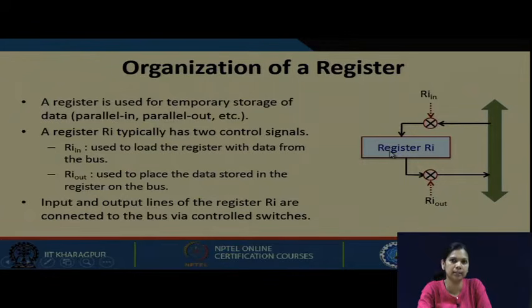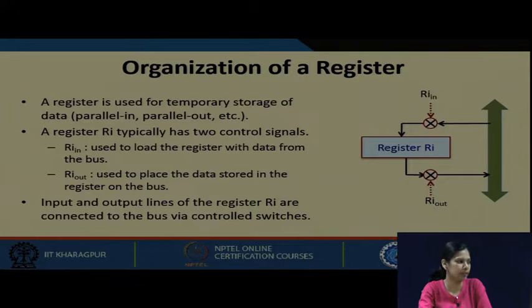We require the data of R2 to be available in another input of the ALU. In such cases, the data from this register needs to be moved out through this bus and it reaches the ALU.